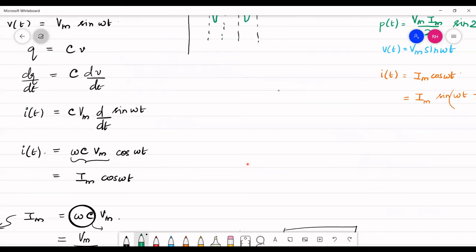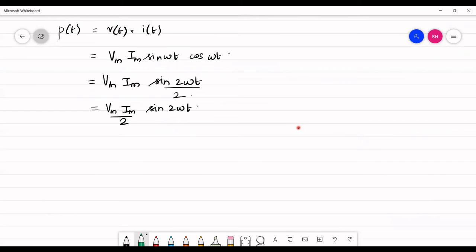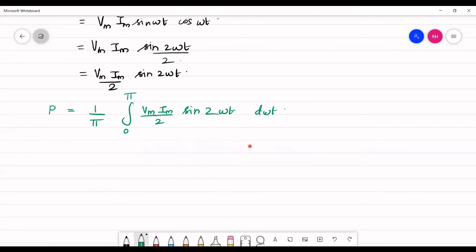Now let's calculate the average value of power. The average value of power is equal to 1 by pi integral 0 to pi, because for every pi radians we complete one cycle, of Vm Im divided by 2 into sine 2 omega t d omega t. Vm Im divided by 2 is a constant, take it out of the integration.